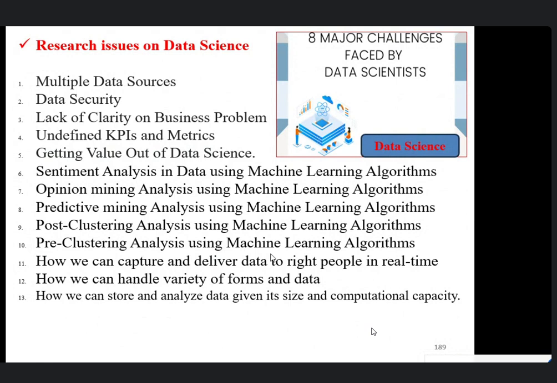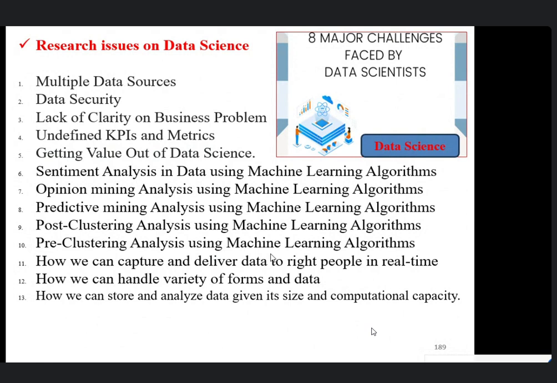Then data security is a problem, lack of clarity in the business problem, and defined key performance indicators and metrics are a challenge. Getting value from data points is a challenge. Sentiment analysis using machine learning algorithms, they are still doing opinion mining, predictive mining, pre-clustering, post-clustering.